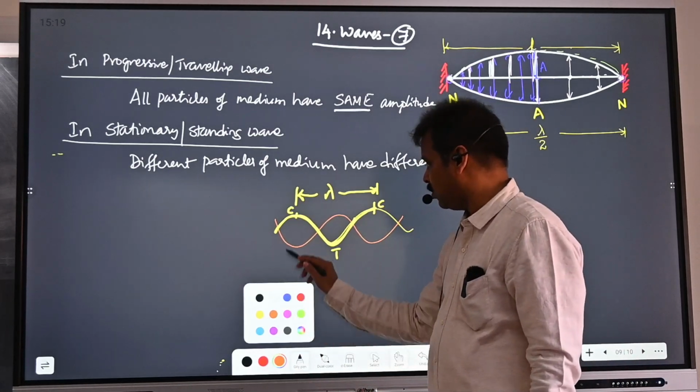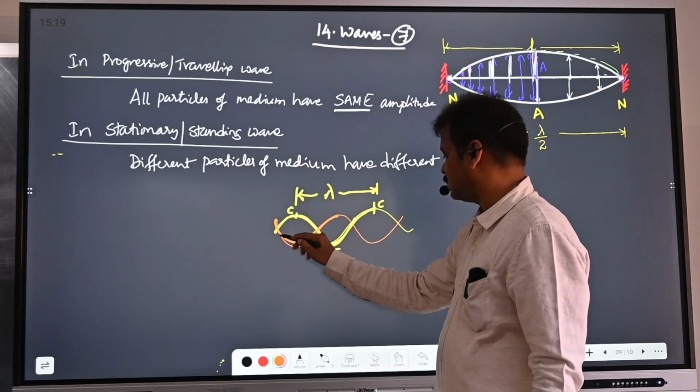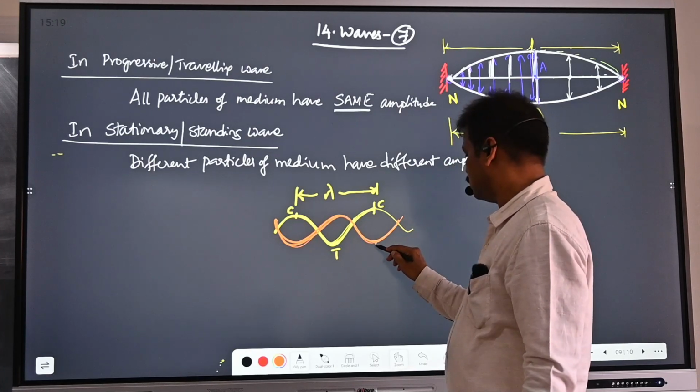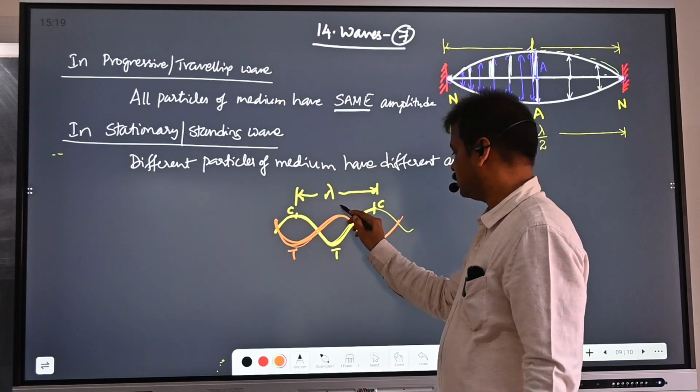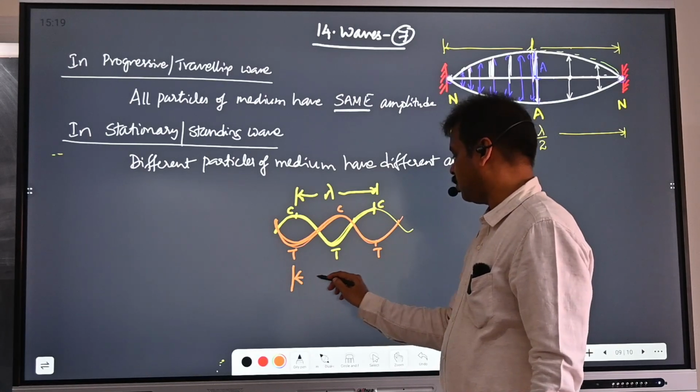Similarly, for the other wave, this is the top, this is the crest. So for this wave, trough to trough distance.